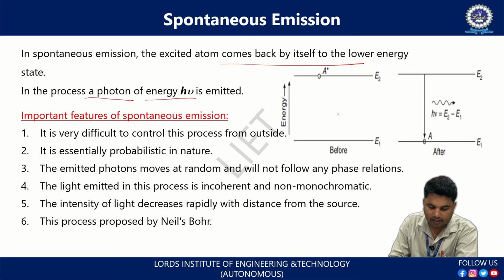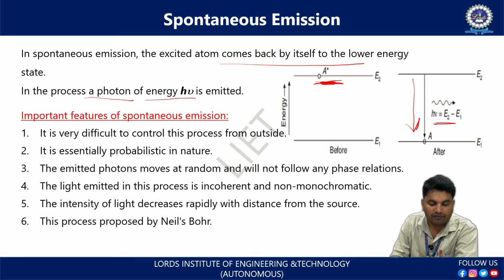If you see here in this diagram, taking a reference from the absorption, the atom is being kept on the higher energy state. After spending an average lifespan, this atom is coming down to ground state by emitting photon of energy, which is the difference of two energy states. So h nu will be equal to E2 minus E1.